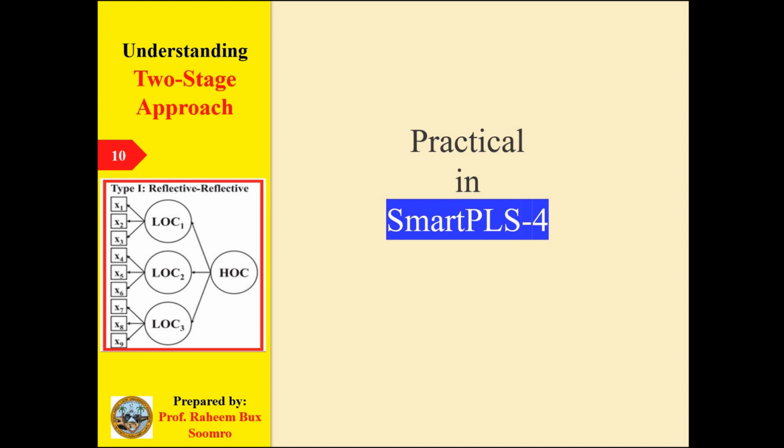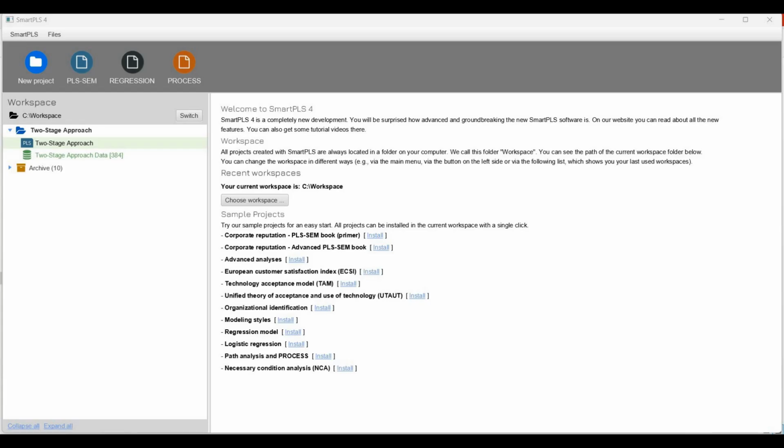Okay, so now we are going to enter into SmartPLS in order to perform all these approaches practically in SmartPLS 4. Now we are on the beautiful interface of SmartPLS 4. Here you are looking at the project name, two-stage project, the project model, and the project data file where 384 records are there.